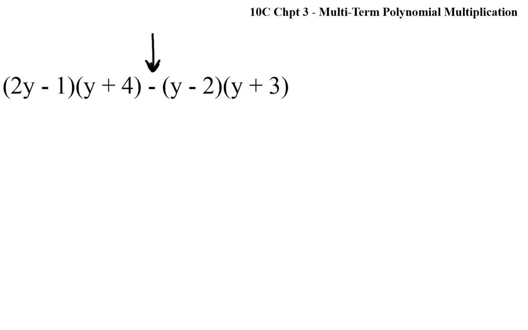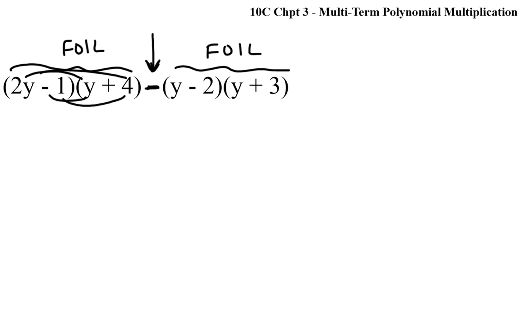So again, we have a binomial times a binomial. Stop multiplying because we're going to subtract. And then another binomial times binomial. So here we go. Binomial times binomial number 1: 2y squared plus 8y minus 1y minus 4.